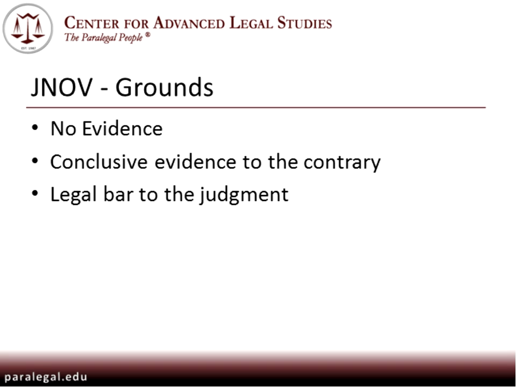It's going to be hard in 30 days to get that judge to change his mind. But it is a legal way to do it, and it does happen. So don't ever feel like you're just wasting your time.